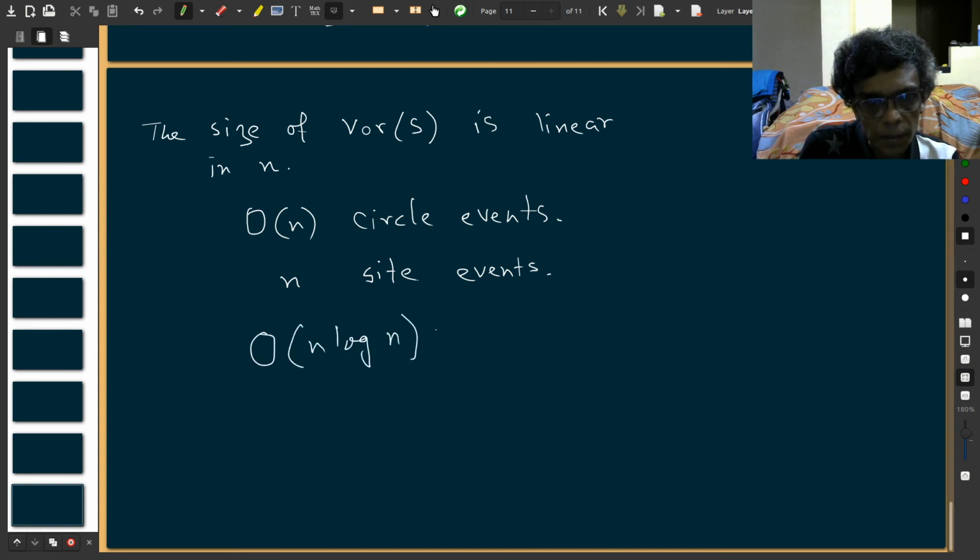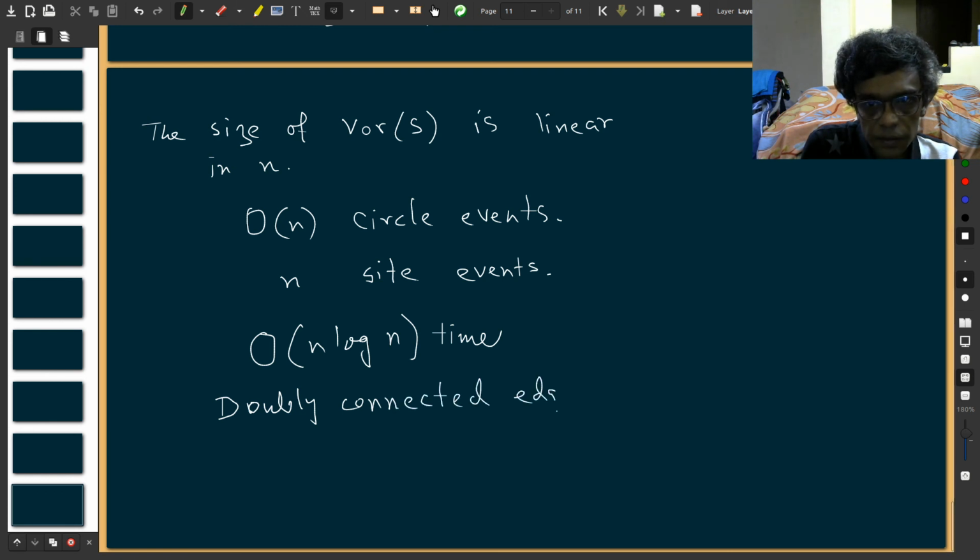Of course, there are some other issues involved, like how to maintain these edges in the Voronoi diagram. There is a specialized data structure for this. You will not study much about it, but let me just mention: doubly connected edge list, DCEL.